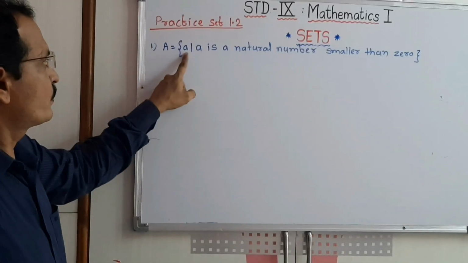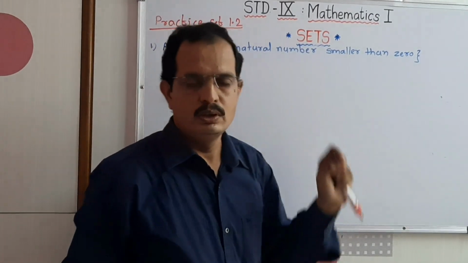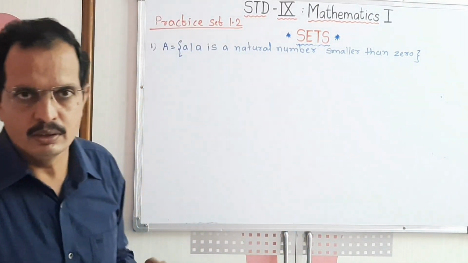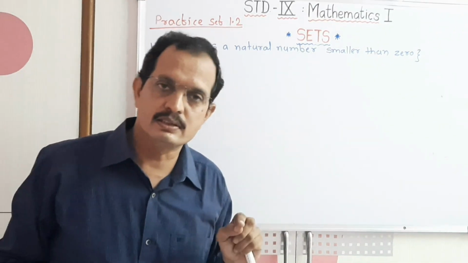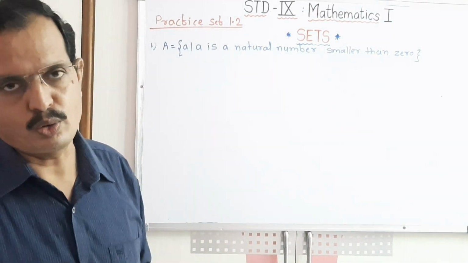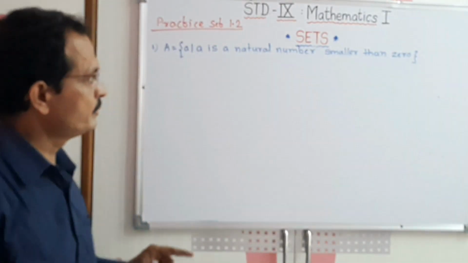This set is given in a rule method. We have to decide whether this set is an empty set or not. For that purpose, we have to write it in a listing method.